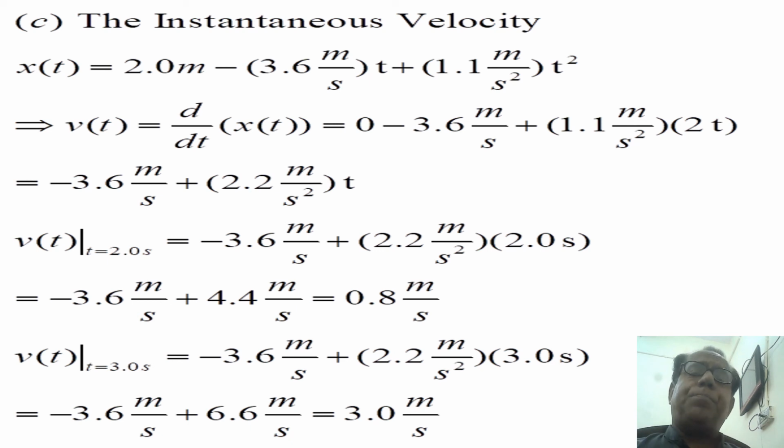This alternatively becomes equal to 3.0 meter per second. So v(t) at t equal to 3.0 second finally becomes equal to 3.0 meter per second.